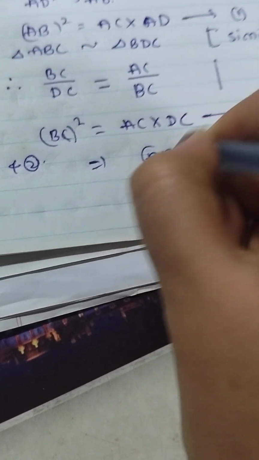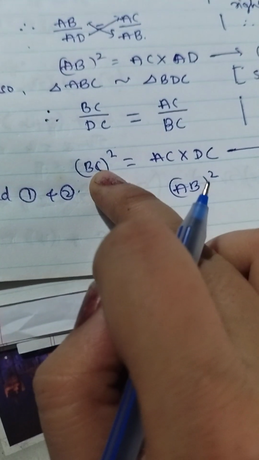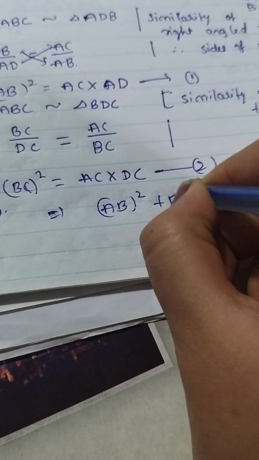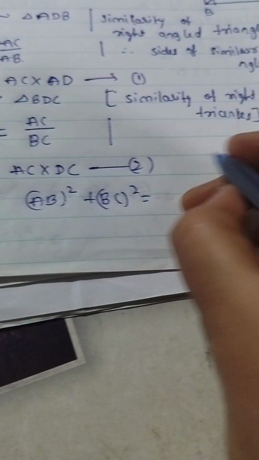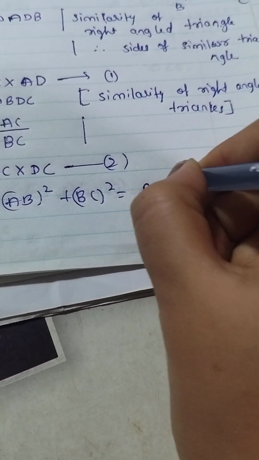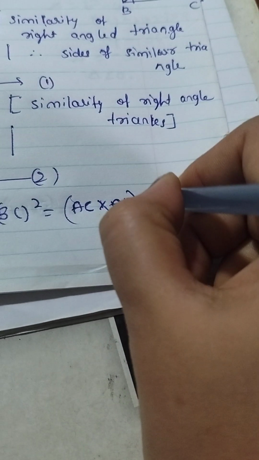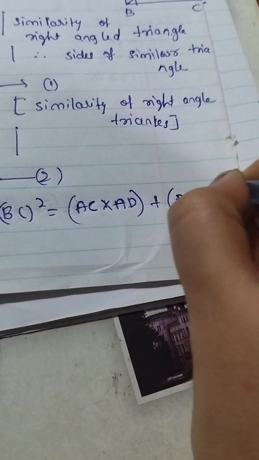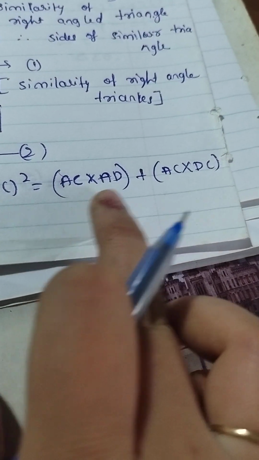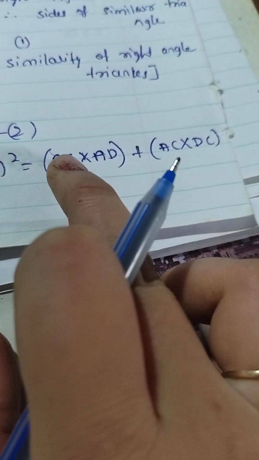So add equations 1 and 2. We will get AB square plus BC square on one side, and on the other side AC into AD plus AC into DC. Here AC and AC are common in these two, so I will take AC as common.